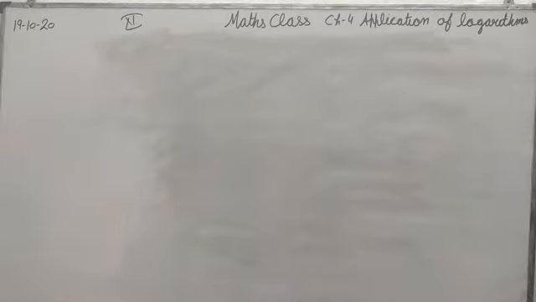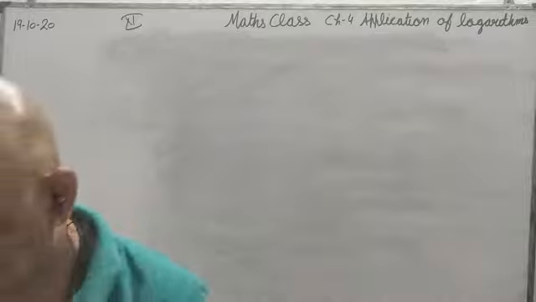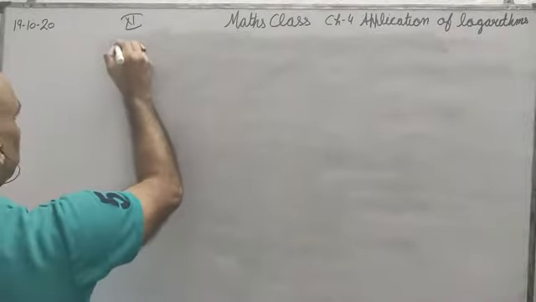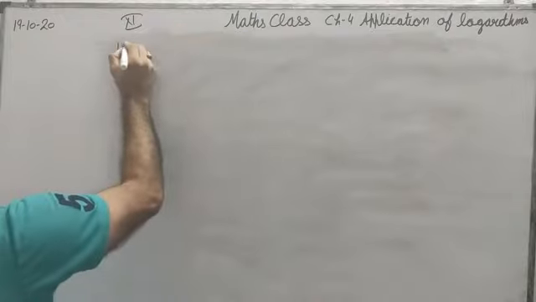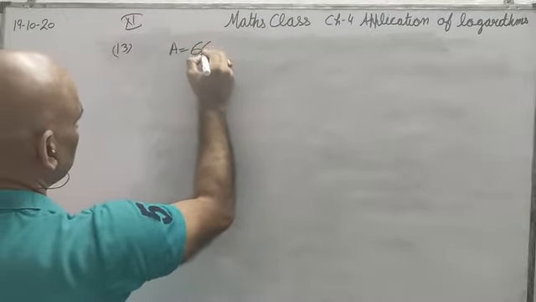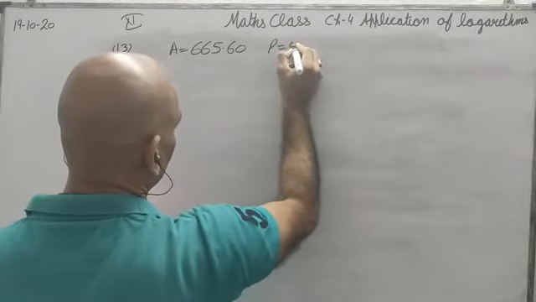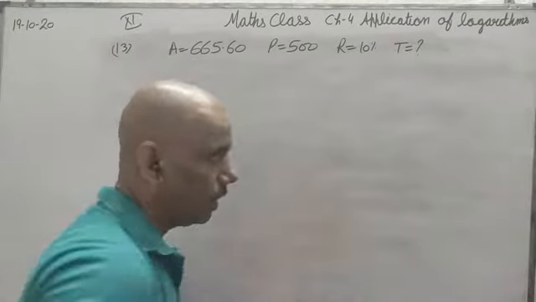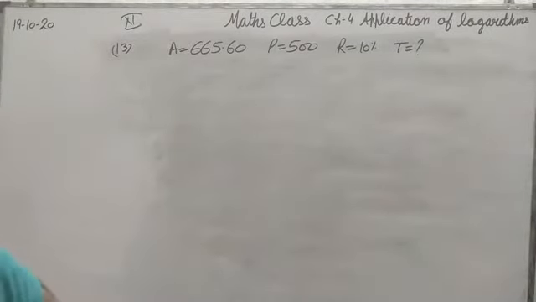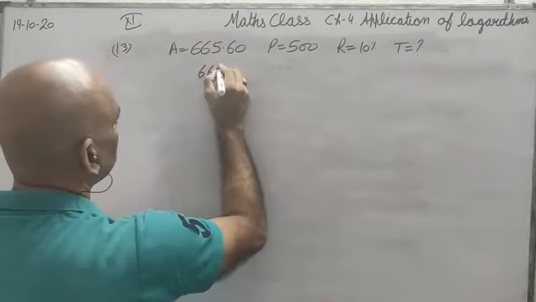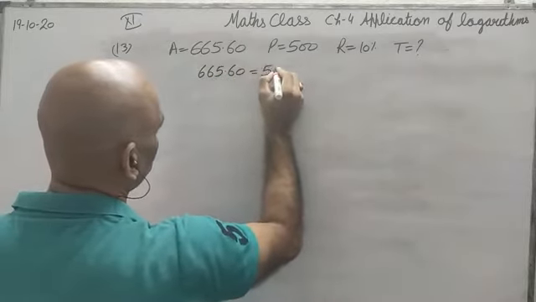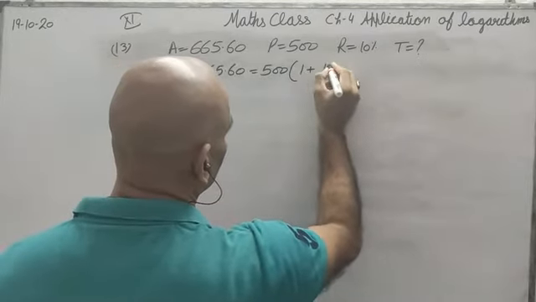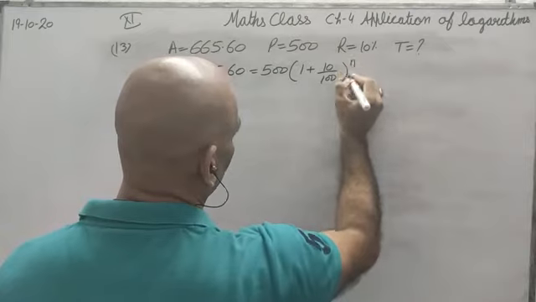In how much time at 10% compound interest will 5000 amount to 665.60? Principal is 5000, rate is 10%, and we have to find the time. The formula is the same, no half yearly, it is annual. So 665.60 equals 500 (1 + 10/100)^n.